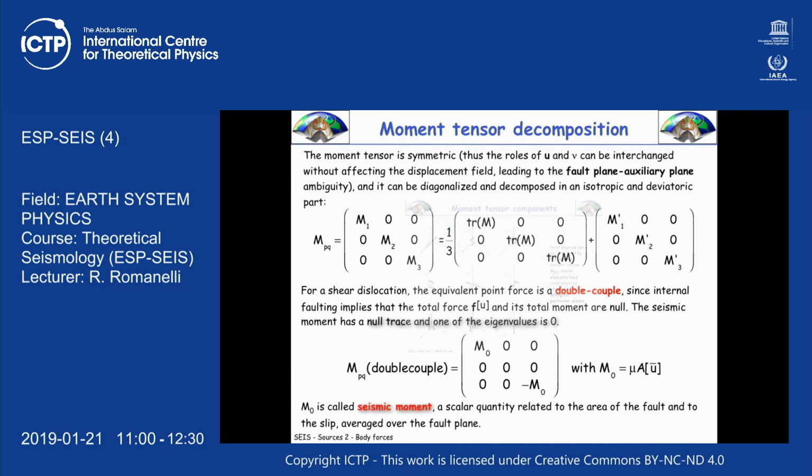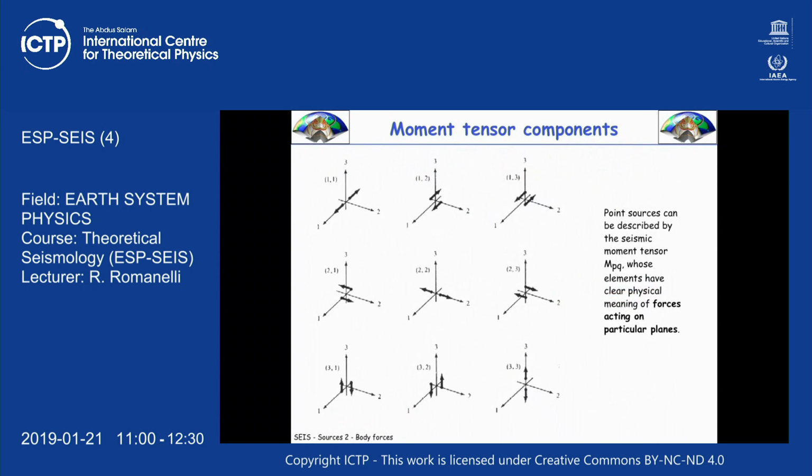Just as a final recap, please remember that the moment tensor components, actually, are a system of couples. If the couples have the same indexes, 1,1, 2,2, 3,3, means force is acting in 1 and the arm is acting in 1. So they're like dipoles. If you sum them, you have an idea of an explosion or an implosion.